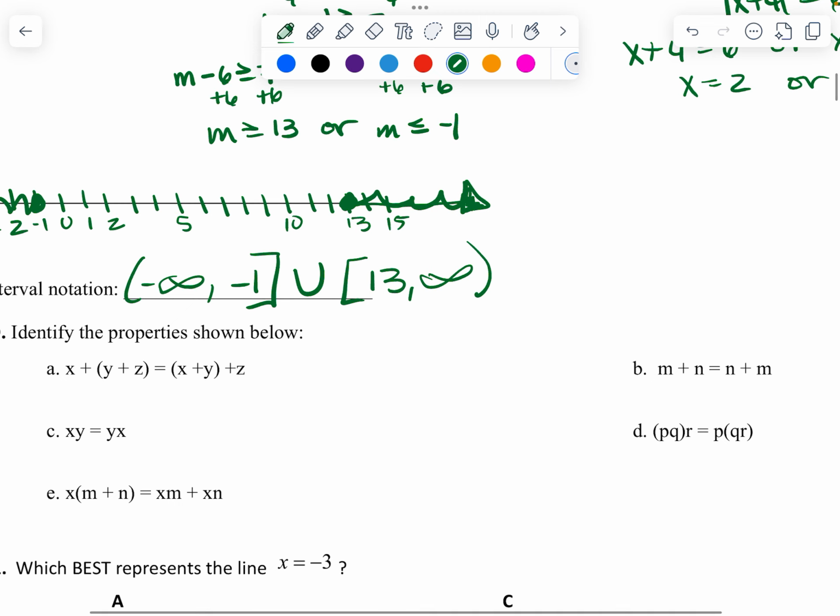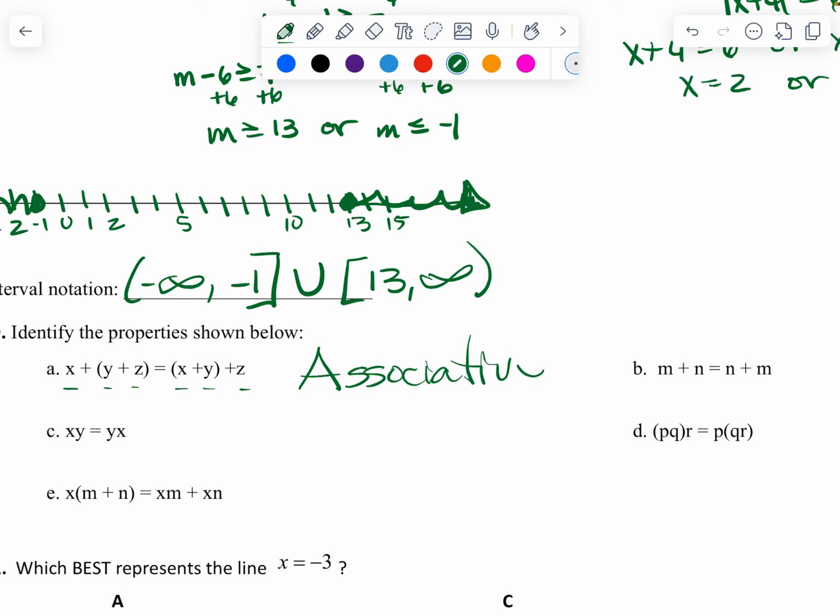Okay, it moved the parentheses on this one, but the order is still x, y, z, x, y, z. So this is the associative. The order changed, so that's commutative.